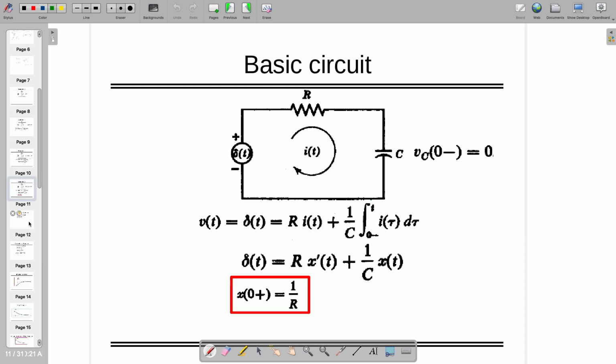But before going to that, x of 0 plus is equal to 1 by R, which we already found out, right? X of 0 plus is equal to 1 by R by looking at this condition, because this is short circuit, right? And this x is in terms of current, it's not in terms of voltage. So of course it is going to be short circuit, and this is going to be 1 by R, right?